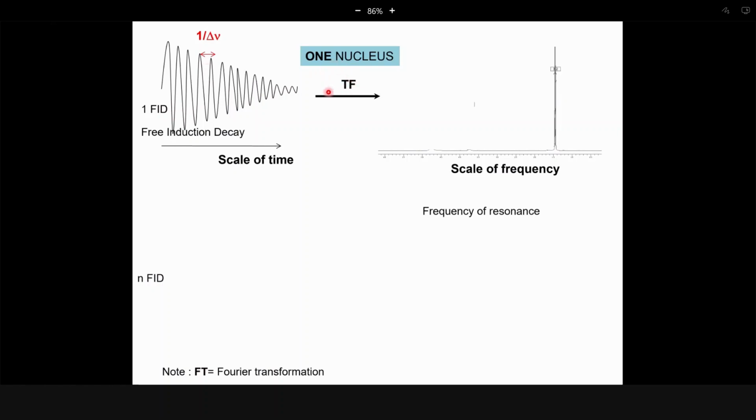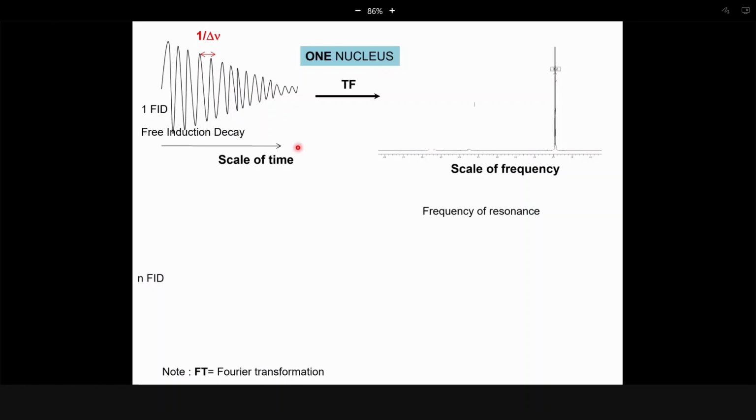And if we work only on one nucleus, this FID will give this kind of spectrum where you have a scale of frequency, and then you have one signal corresponding to this nucleus.